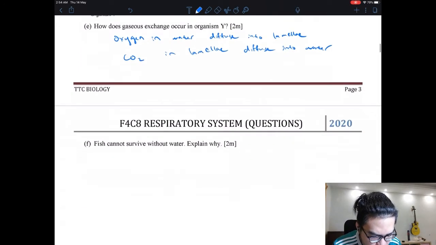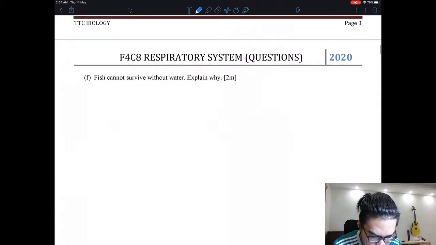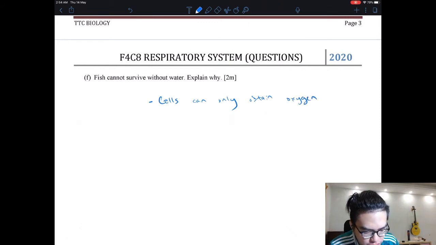Fish cannot survive without water. Explain why. So you can say gills can only obtain oxygen dissolved in water.